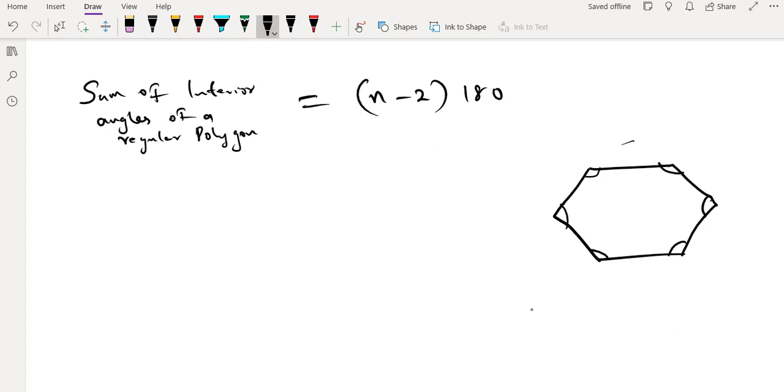Now, what does that 6 represent? Irrespective of what the polygon is, whether it's an octagon or heptagon, if you give me the individual angle, say 108, and you tell me it's a heptagon, I will just multiply it by 7 to get the total sum of angles in that heptagon.